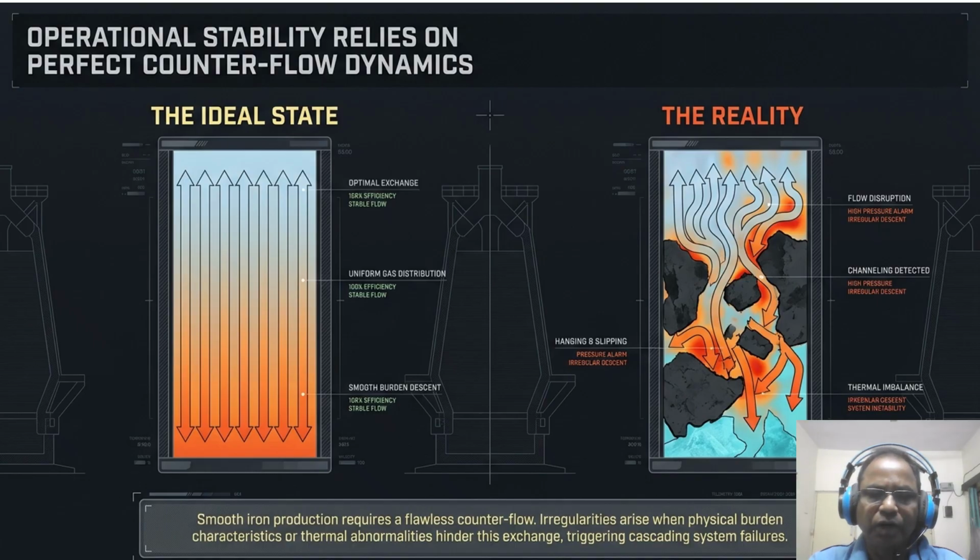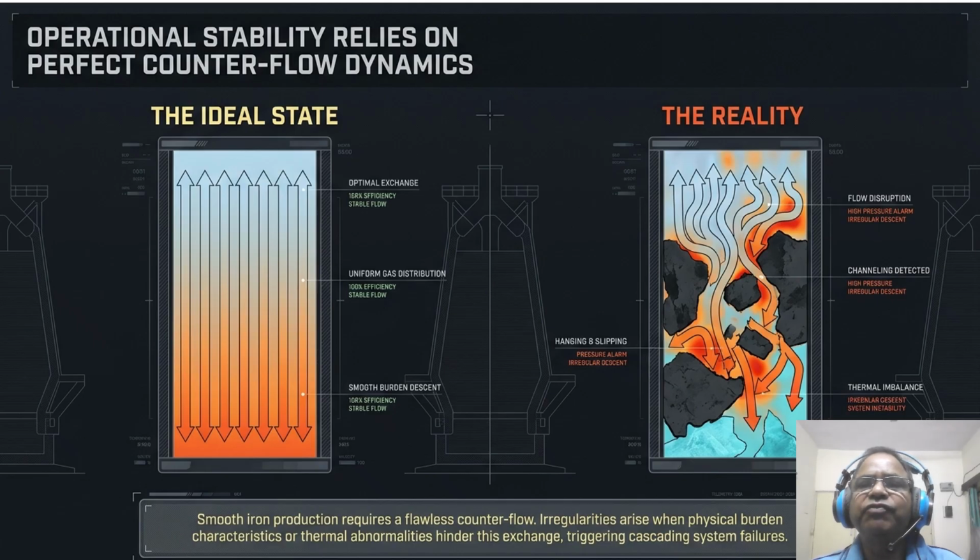So coming to our next slide, which is on operational stability. Look at the comparison on your screen. On the left, titled the ideal state, you see a clean blue rectangle representing the furnace volume with a perfectly straight vertical blue arrow pointing up and a uniform red arrow pointing down.